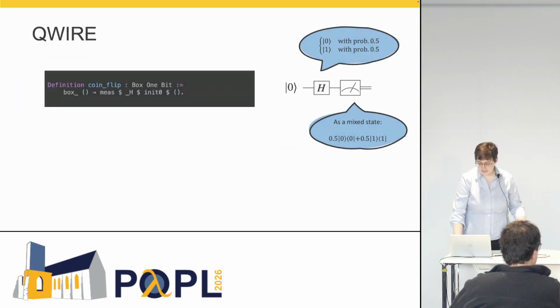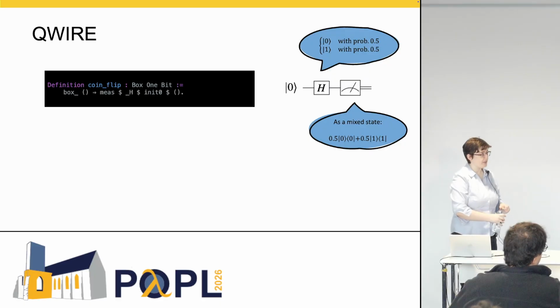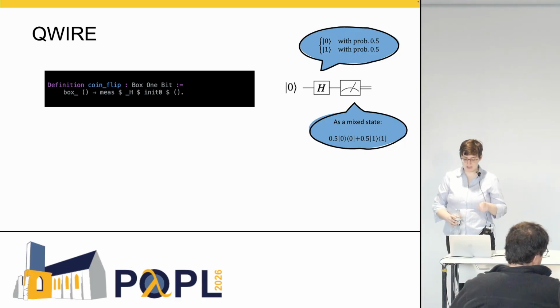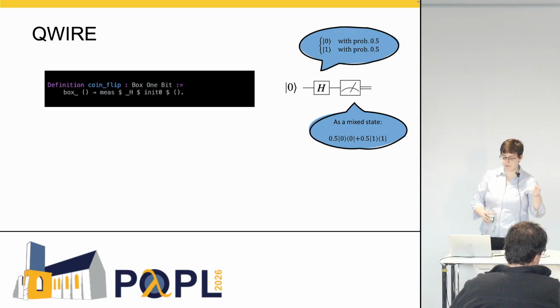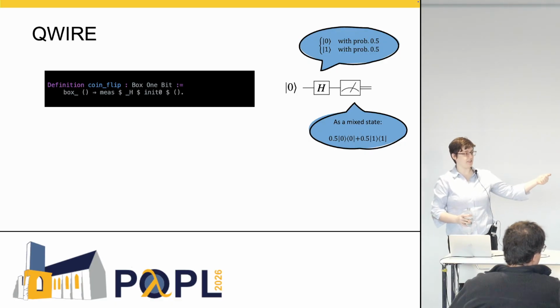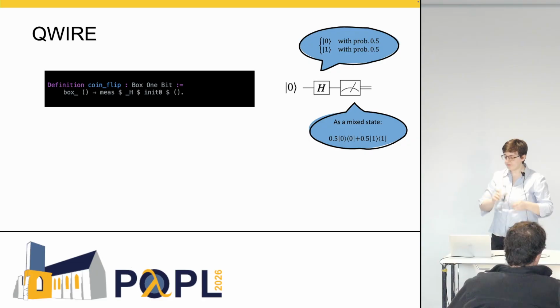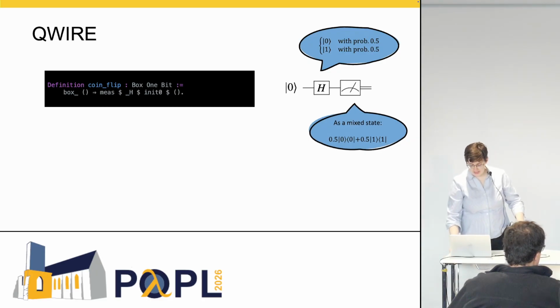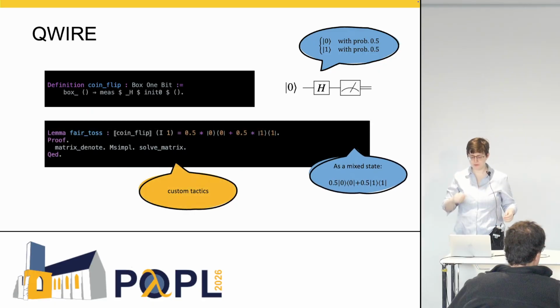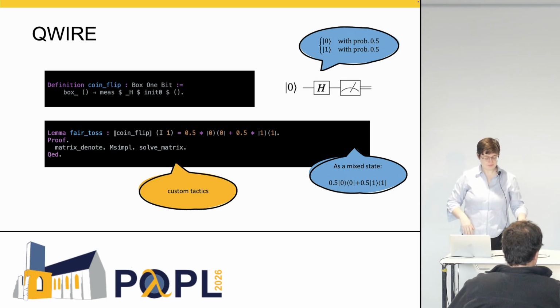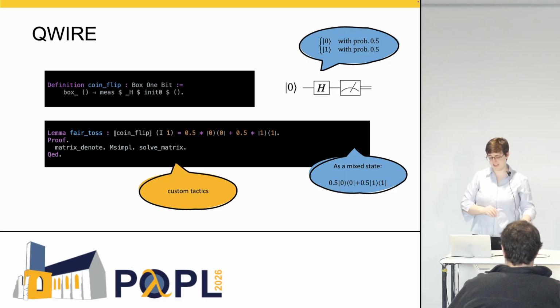If we look at the specification of the probability distributions of this coin flip circuit as a mixed state, we can represent it as the following matrix. It's a probability distribution, 1/2 being in the pure state 0, 1/2 being in the pure state 1. This is the representation that we use directly in Rock, using nice notation tricks.